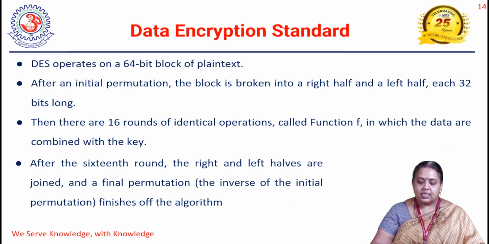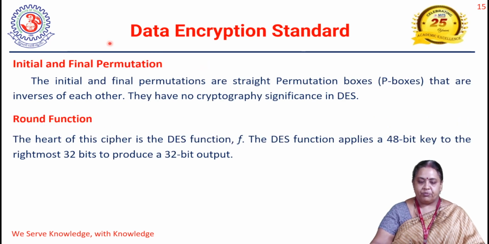So this DES algorithm follows a Feistel structure. And what we discussed in the Feistel structure, we have the initial and final permutations and we have the round functions. 16 round functions are there. The initial and final permutations are straight permutation boxes. That is, transposition is done in the initial permutation and the final permutation. The final permutation is the inverse of the initial permutation.